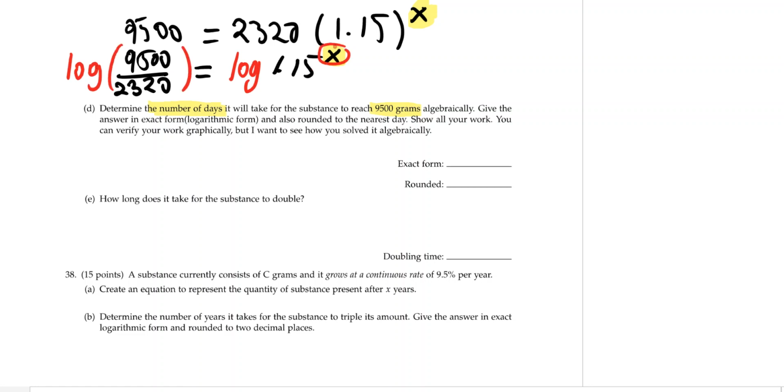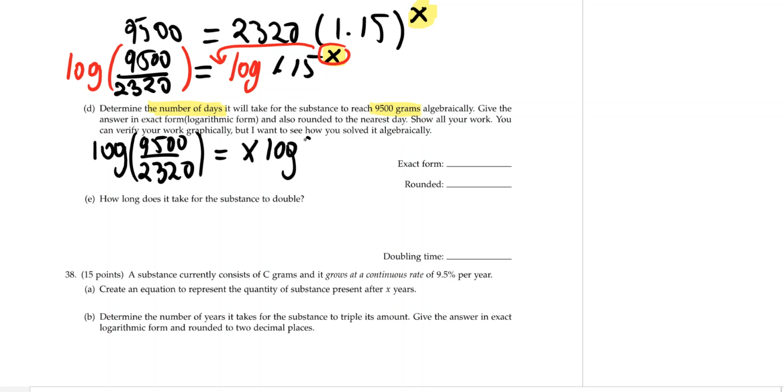Okay, so now the exponent comes down in front. My equation turns into log of 9500 over 2320 equals X times log of 1.15. To solve for X, I'm going to divide both sides by log of 1.15.